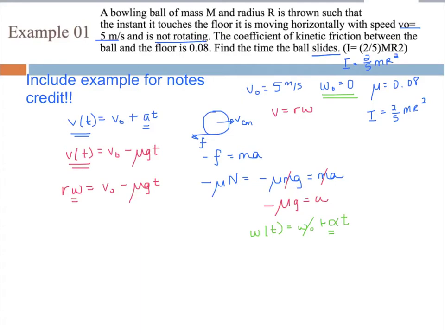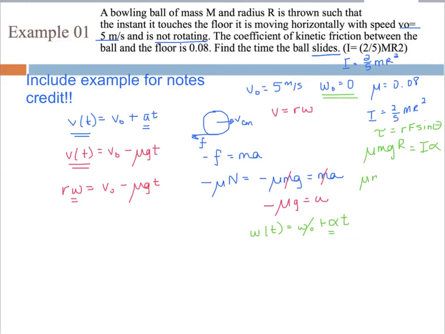So here, torque is what's providing my rotation, and we have friction, which is mu mg, times r. Remember that torque is equal to r f sine theta. In this case, friction and r are perpendicular to each other, so we can drop the sine part. And again, the sum of our torques is equal to I alpha.